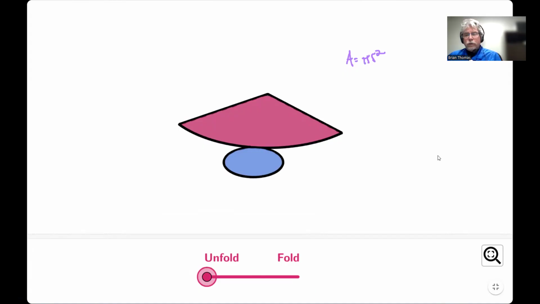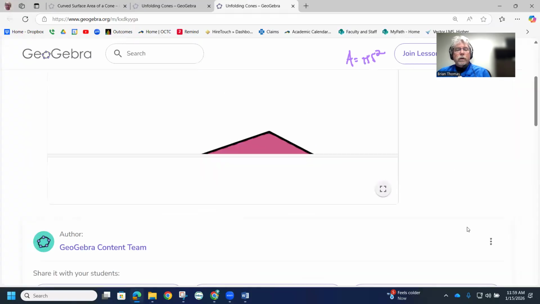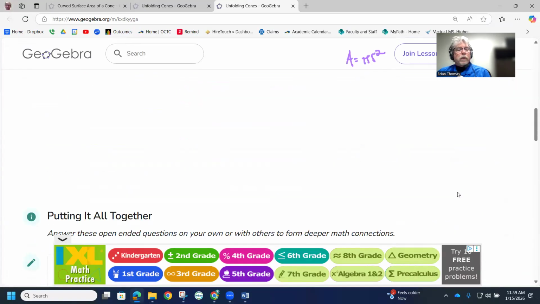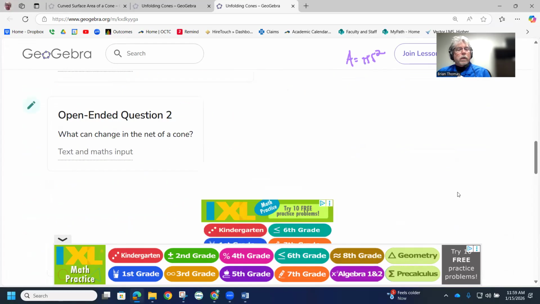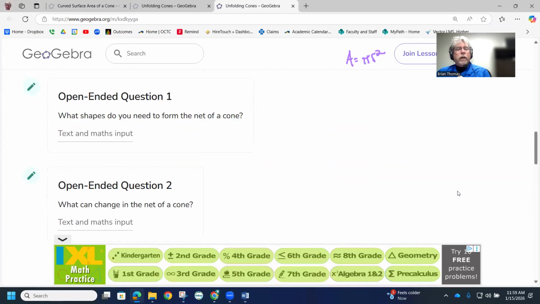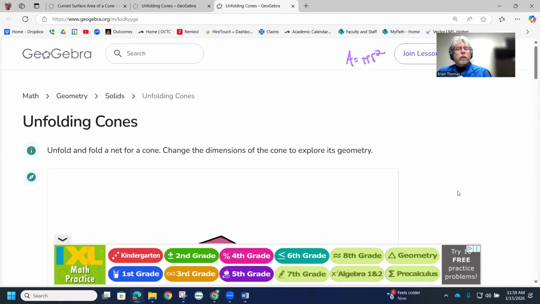So see if I can get this thing to move a little bit more. All my things are being blocked. Let's see here. All right, so I think that's all that one's going to show us here. Let me go to the other one here.